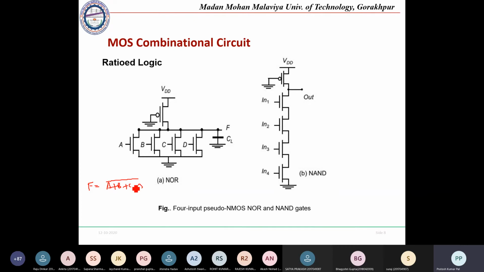This is NOR logic, and similarly in case of NAND, these four transistors will be connected in series.